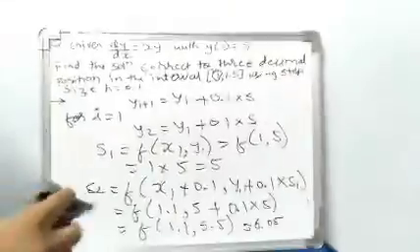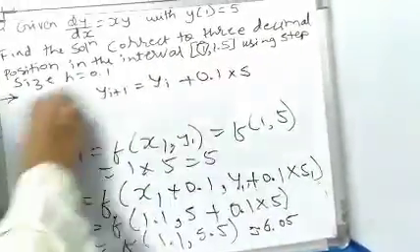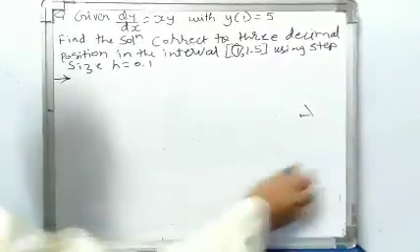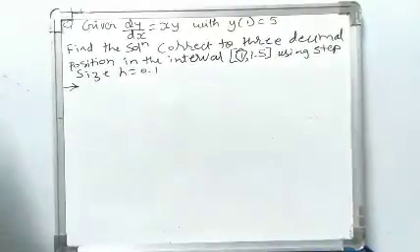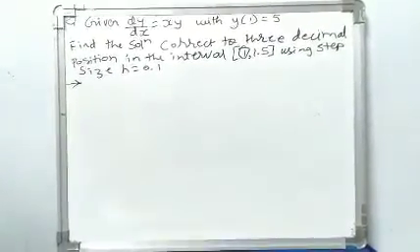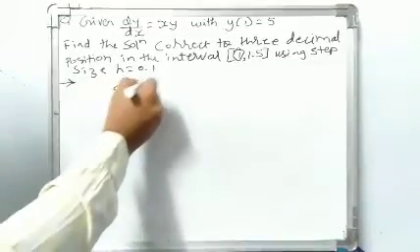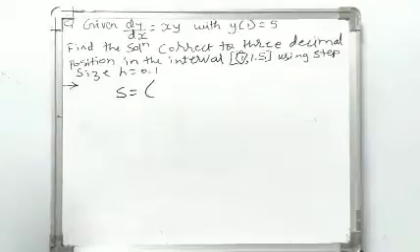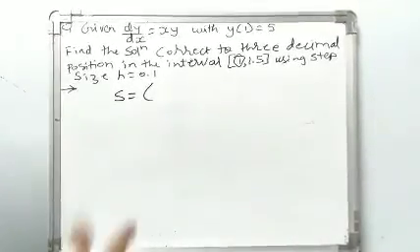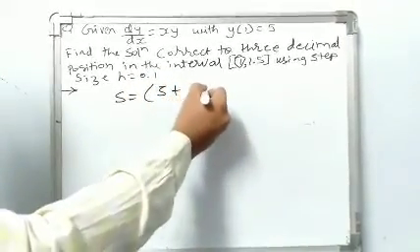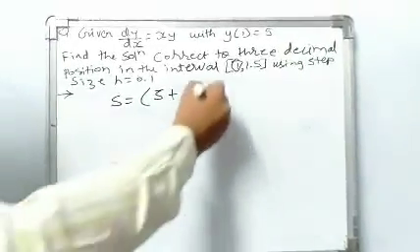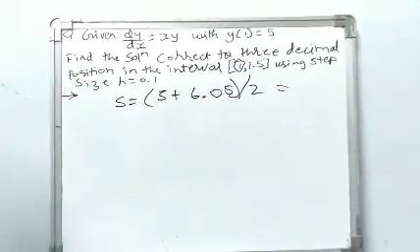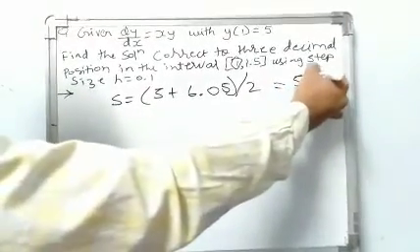Now let us calculate s. s is equal to s1 plus s2 by 2, which is 5 plus 6.05 divided by 2, that we get 5.525.